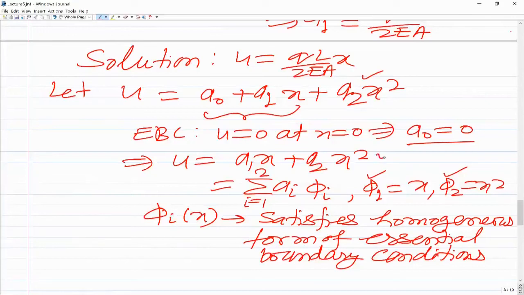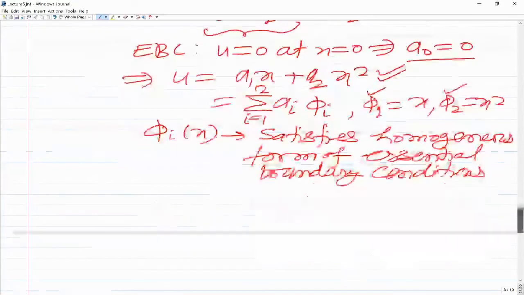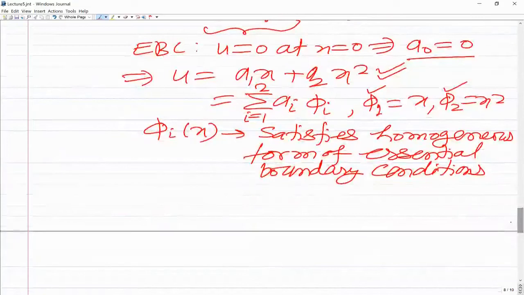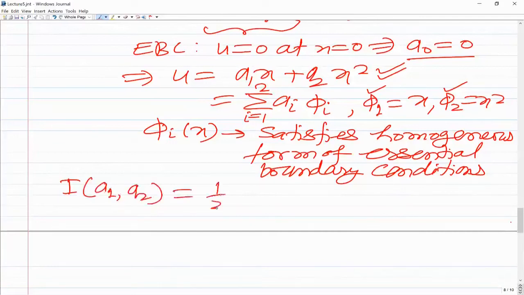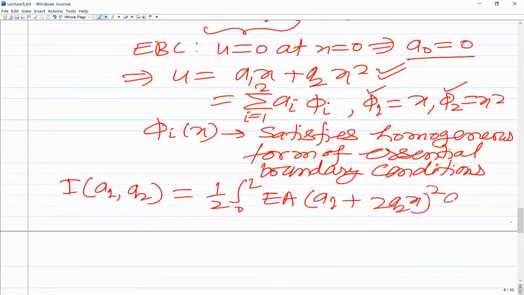Now, this approximate solution is a function of two constants, a1 and a2. When we substitute this in the integral functional, after integration it would be a function of only these two constants, a1 and a2. So you will get I, the integral functional or total potential energy functional, as a function of a1 and a2, and this will be equal to half the integral from 0 to L of EA times (du/dx) whole square, where du/dx is a1 plus 2 a2 x, whole square dx.